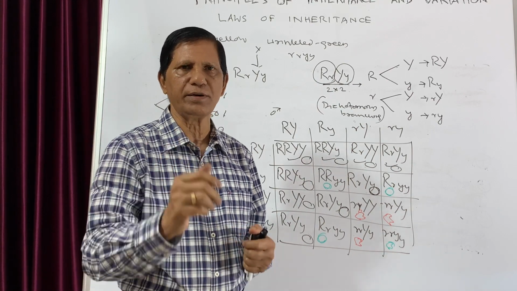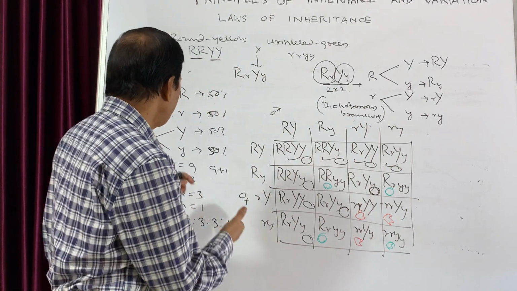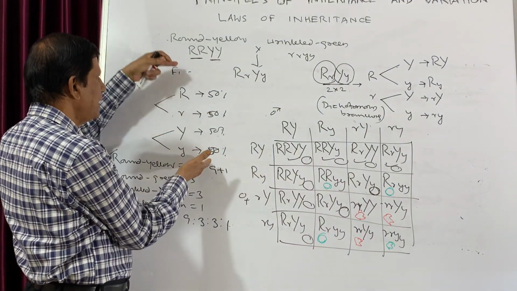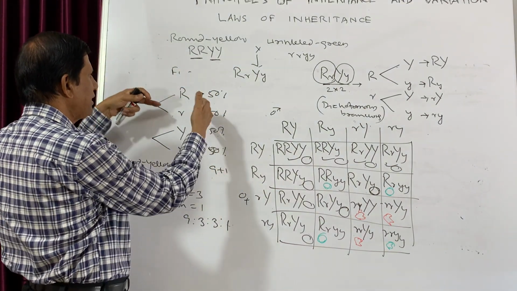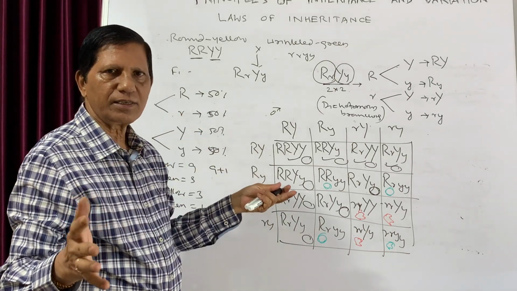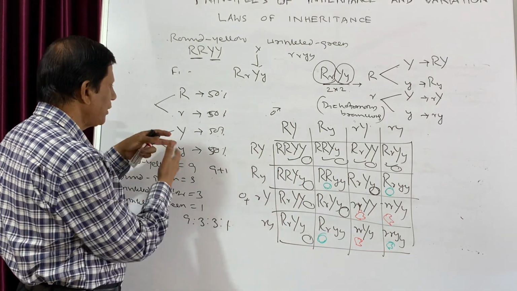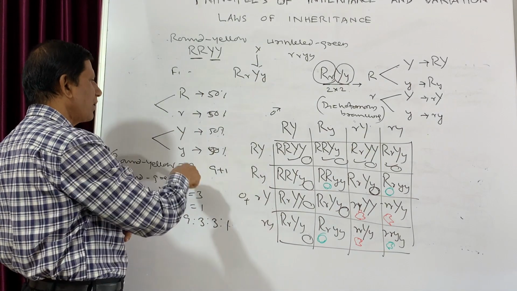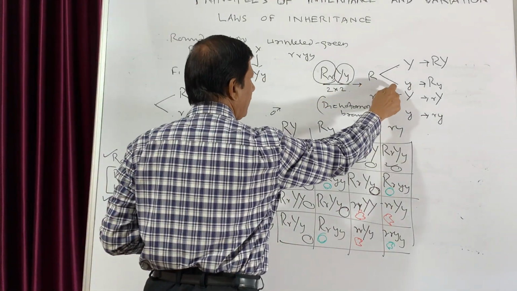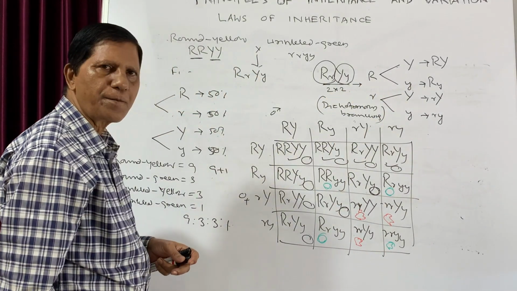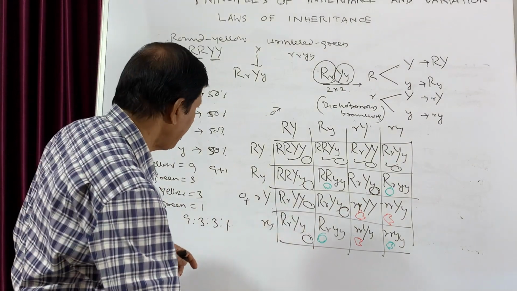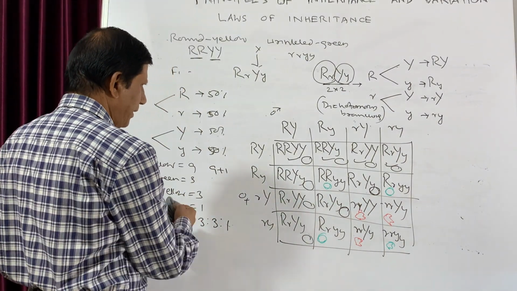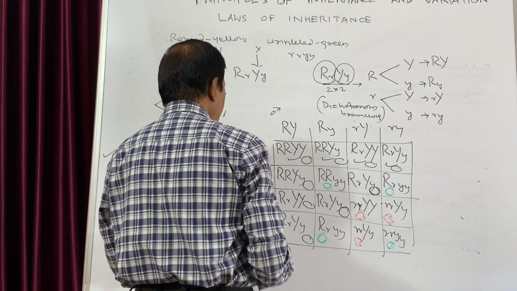Each one is independent because the gametes are segregating. Each one is 50%. The male side, they are capital R and small r segregating, and the Y is also segregating. And anyone can combine with anyone, as I have shown here in the case of dichotomous branching. And if we again find how many of these are produced.